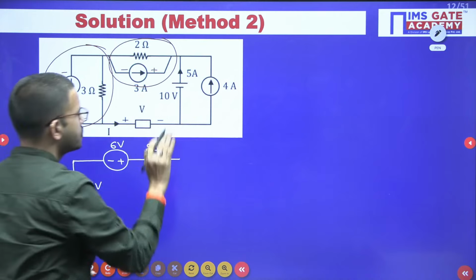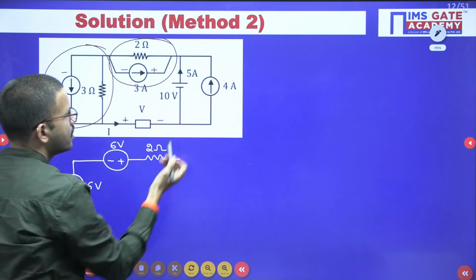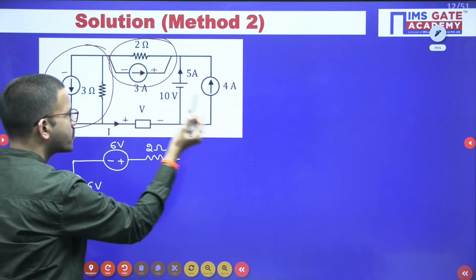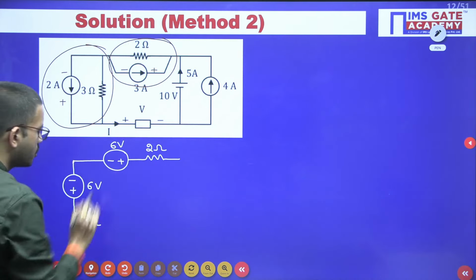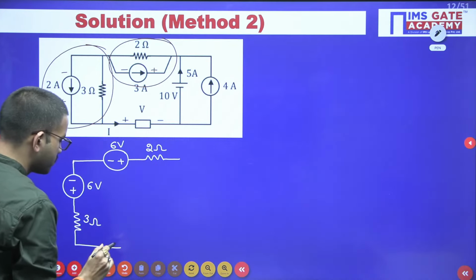Now the rest of the circuit you can draw as it is. The current source and voltage source you can keep as they are, and the unknown element you can keep as it is.